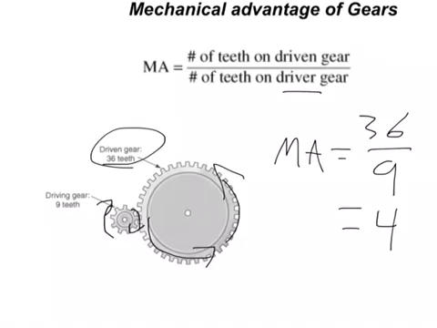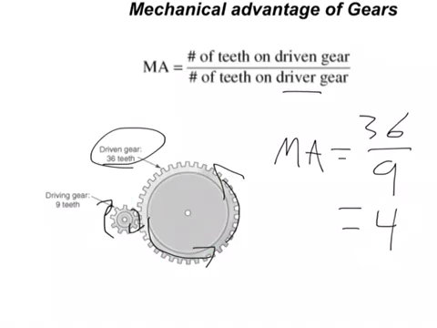Now, when is a case when you'd want to go from a little gear to a big gear? Well, this increases your power, as we can see with a mechanical advantage of 4. But you're not going to go very fast, because for every rotation this wheel has, this one only has 1/4 of a rotation.